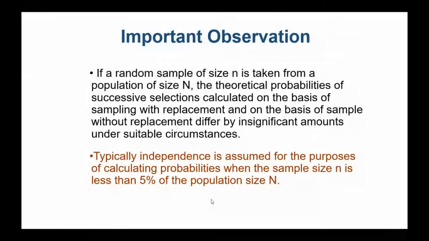So if a random sample of size n is taken from a population of size capital N, the theoretical probabilities of successive selections calculated on the basis of sampling with or without replacement differ by insignificant amounts under suitable circumstances.